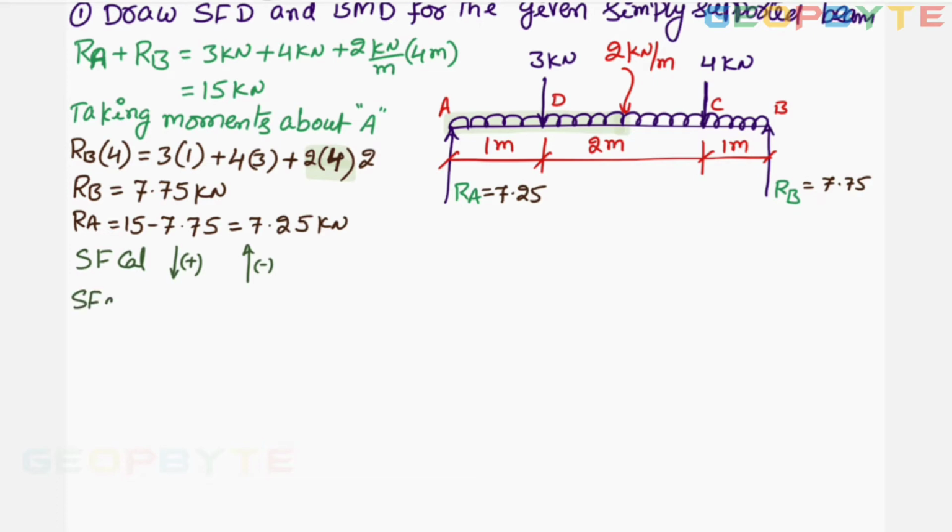Shear force at B. Dear students, look at the B. At B, is it the load upward or downward load? The load at B is upward load. Upward load is generally denoted by negative sign. Therefore, it is minus 7.75 kilonewtons.